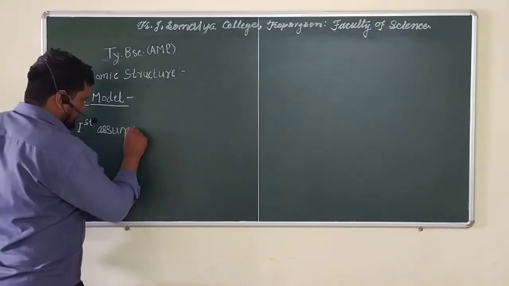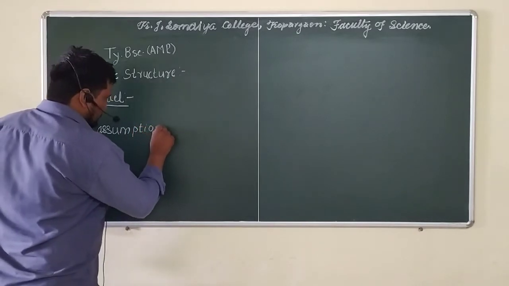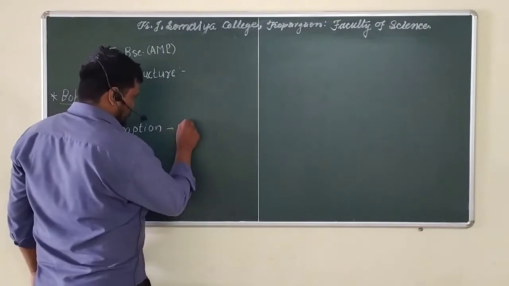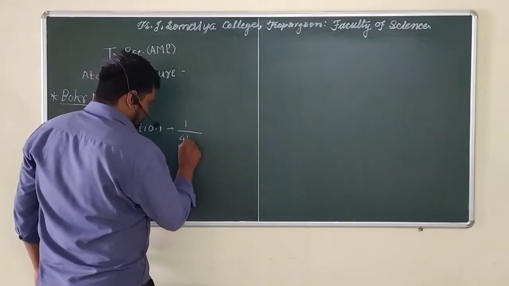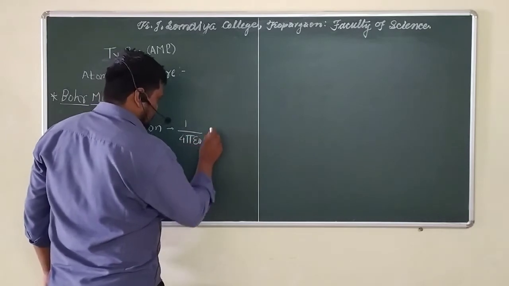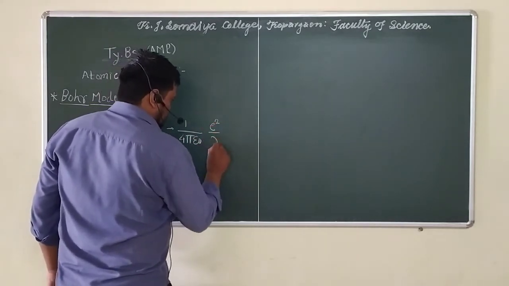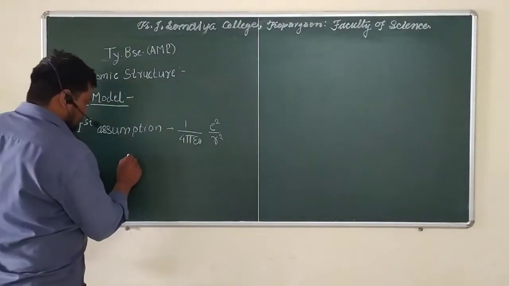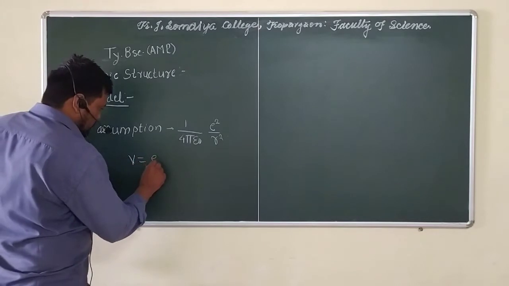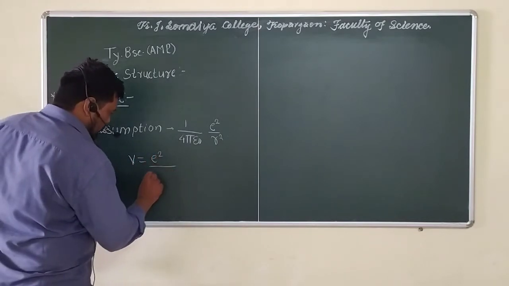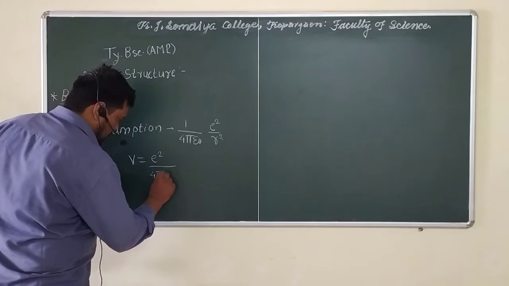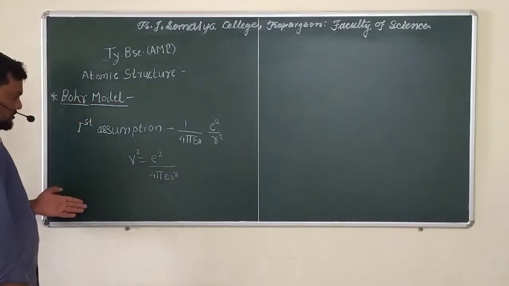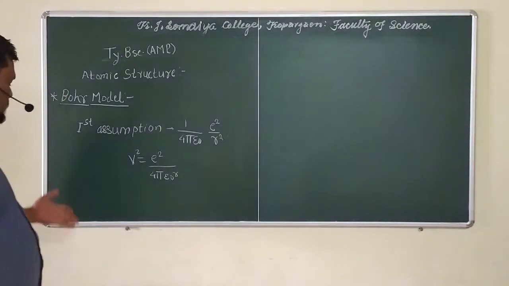That Coulomb force is nothing but 1 upon 4 pi epsilon naught, e square divided by r square, and the final conclusion of this first assumption is v square is equal to e square upon 4 pi epsilon naught r. This is the final formula of the first assumption.